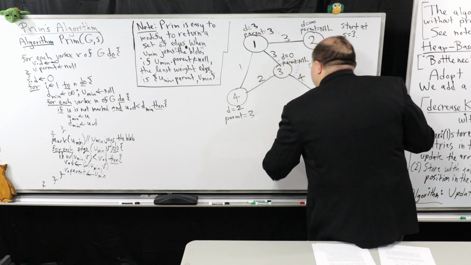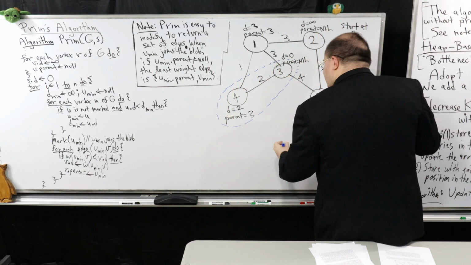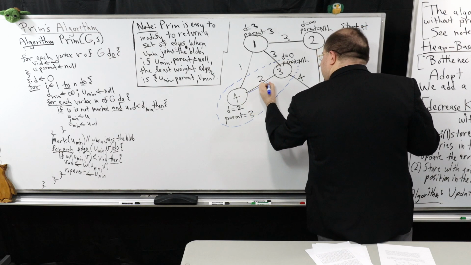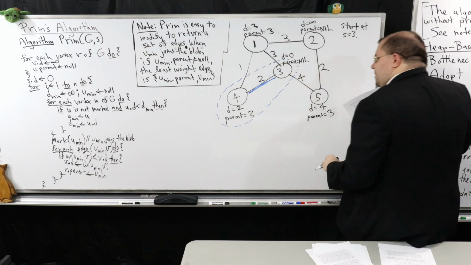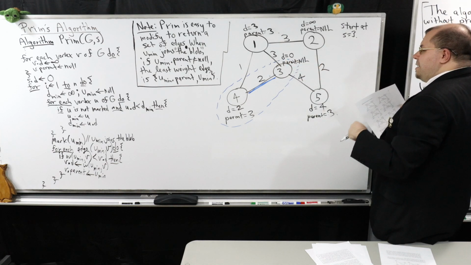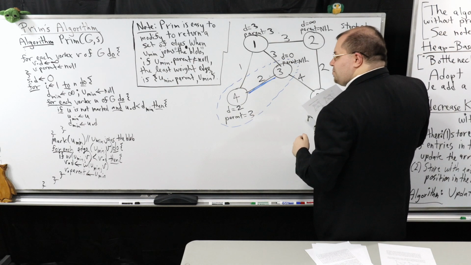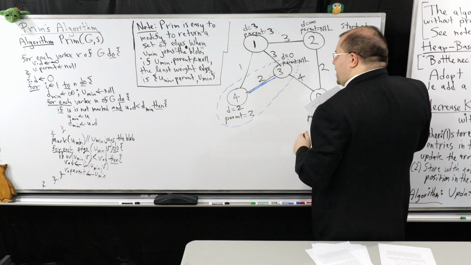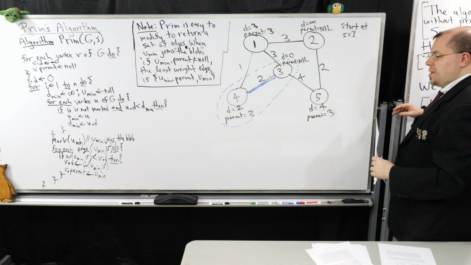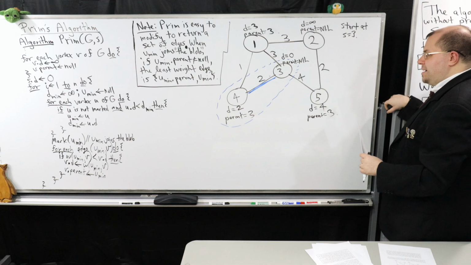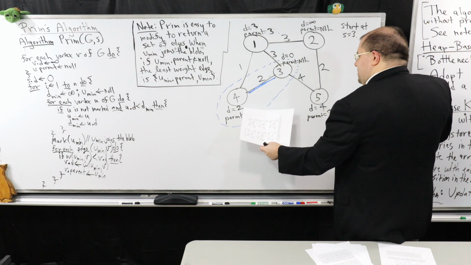The blob devours vertex 4. Now, if you're wondering what the least weight edge I picked is, it's this one right here, as per what I said here. Then I go through all my incident edges. I go through each one of them, and I see if I can improve its D value here. Well, let's see.